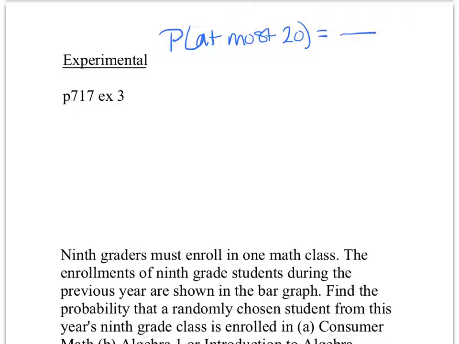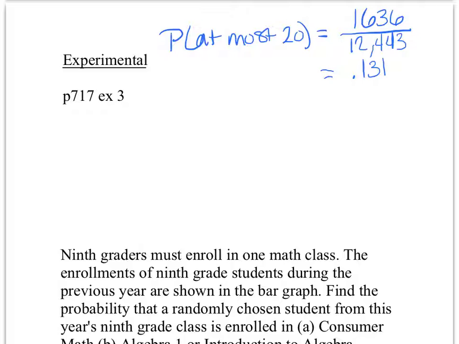It tells us that there was 1,636 people. So we'll just go with that number because that's under 21, which is 20 or younger. And then on the bottom is the total number of people. So what you have to do is add up all the bars and figure out that there are 12,443 people. So the probability that there's at most 20 is about 0.131 once you do your calculations.